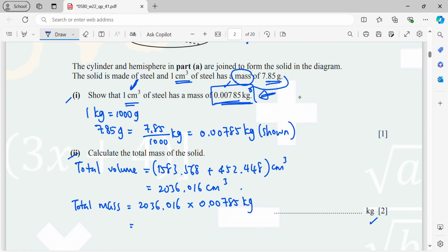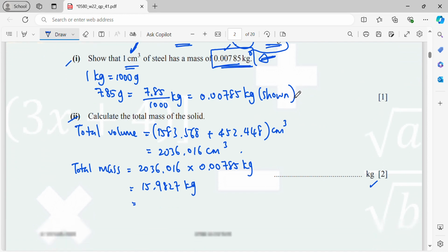So at last you will be getting 15.9827 kilograms. And now again round to 3 significant figures. So 3 significant figures means 1, 2, 3. But then we refer to the next value. This is 8, so we round up. So when you round up, instead of 15.9, it now becomes 16.0 kilograms. So that is the solution of this question.